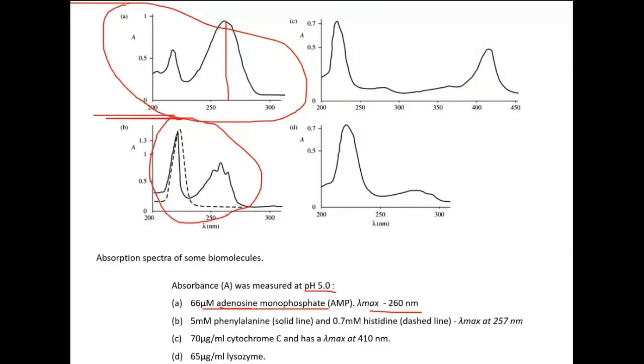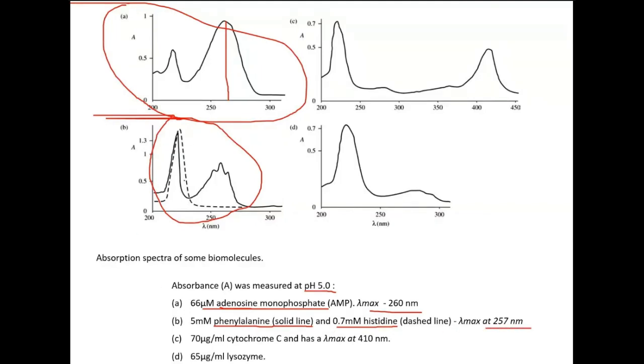Panel B shows the absorbance pattern of phenylalanine, the solid line, and 0.7 millimolar histidine. Both are good amino acids. Phenylalanine is an aromatic amino acid, and histidine contains a heterocyclic ring. The lambda max for this is 257 nanometer.